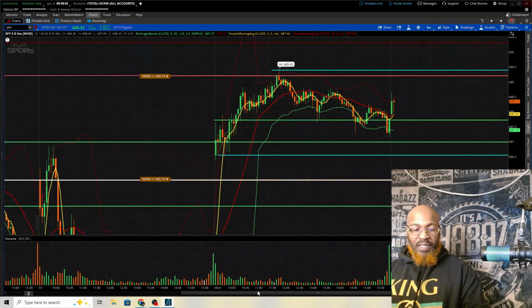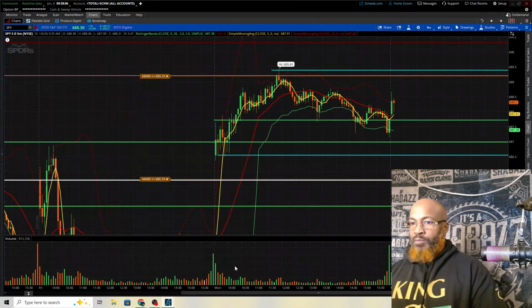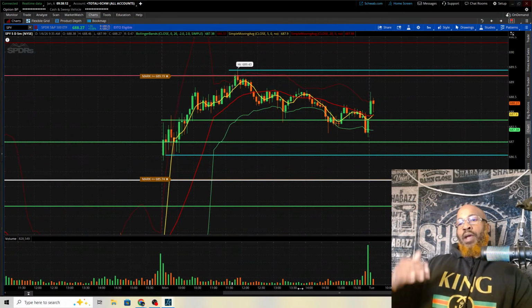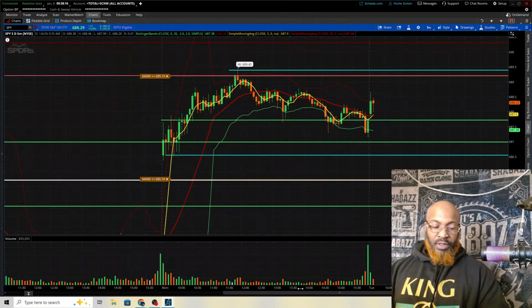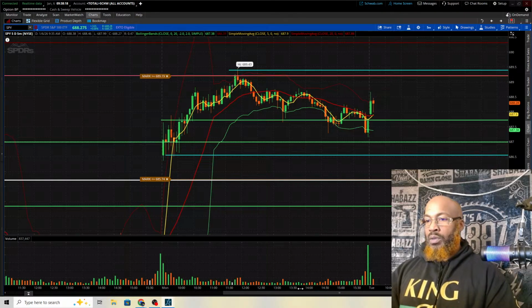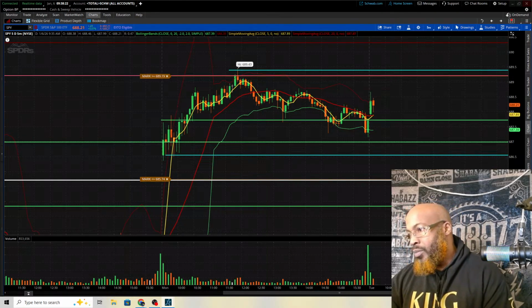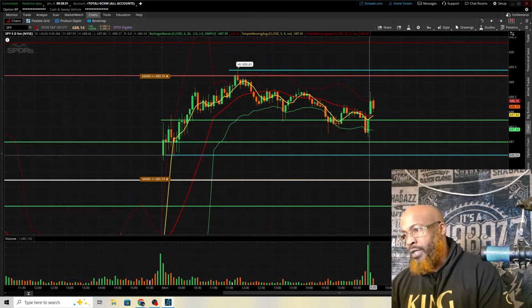We're still within that range. And because we're in that range, there's really nothing for us to do until we break above it or break below it. There will be some scalps available. For myself, I'm looking for the nice easy money trade.